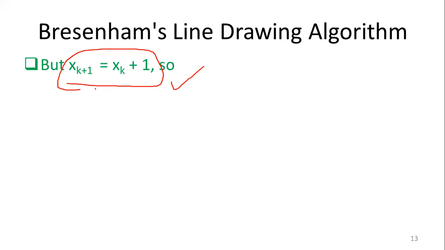The x coordinate of the next pixel to be plotted will be equal to the x coordinate of the previous pixel that is plotted plus 1. That is a 100% sure thing. We all know that.